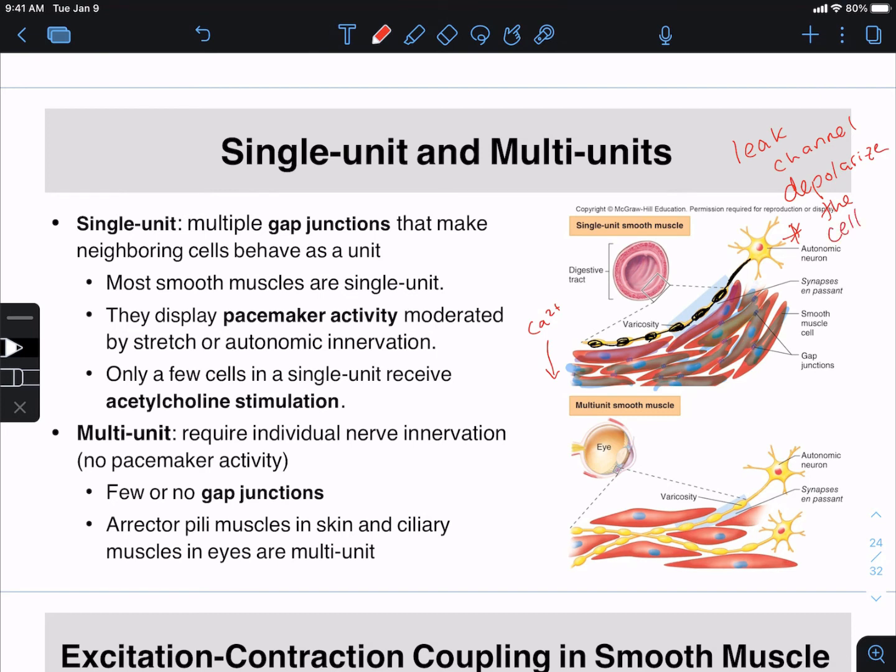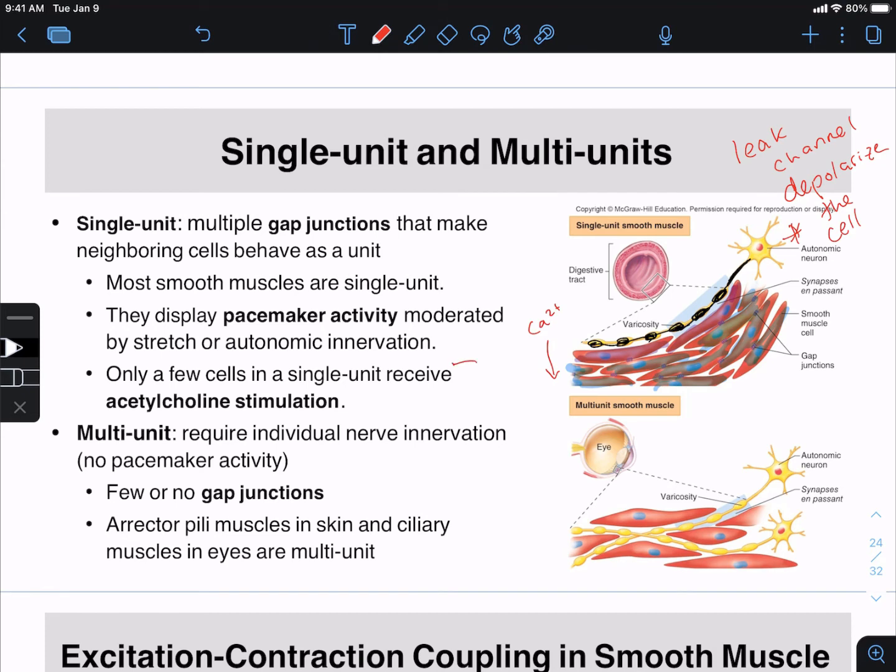So you do see pacemaker activity in the digestive system, for example, and we'll talk about that in more detail when we talk about the digestive system, but it does result in a rhythmic contraction that doesn't require constant input from the autonomic nervous system, but the autonomic nervous system does regulate it.